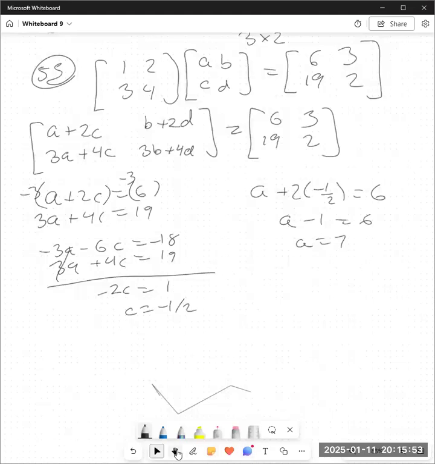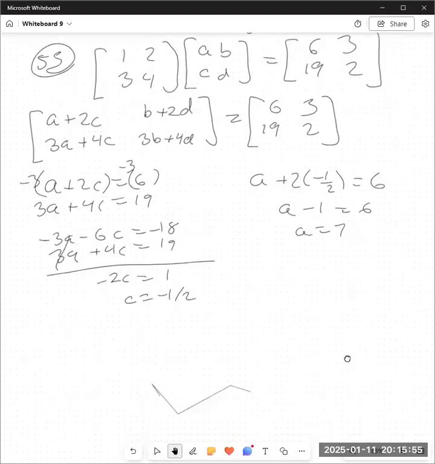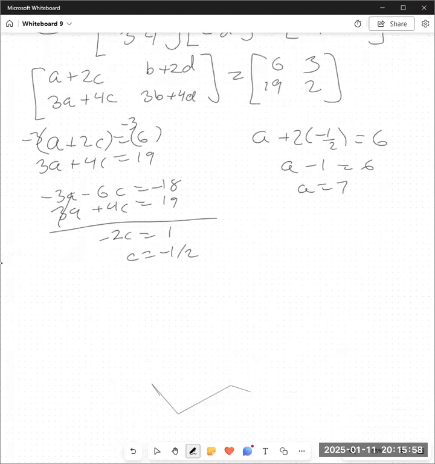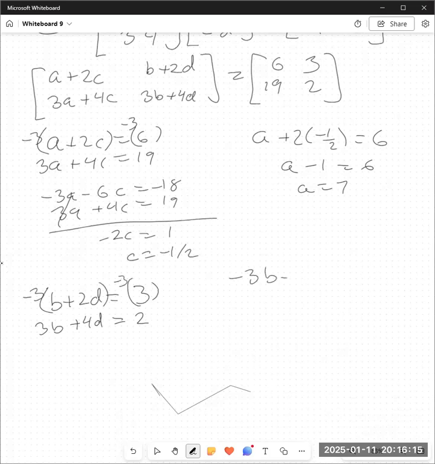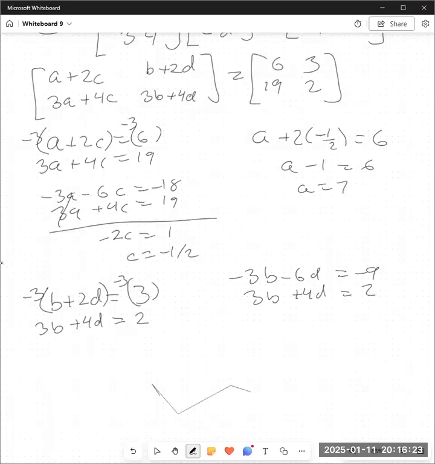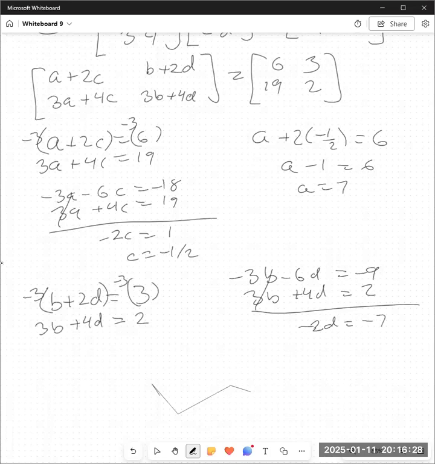Now taking the other two equations here, B plus 2D is equal to 3 and 3B plus 4D is equal to 2. I'm going to multiply this equation here by -3. That gives me -3B minus 6D equals -9. 3B plus 4D is equal to 2. And so -2D is equal to -7.